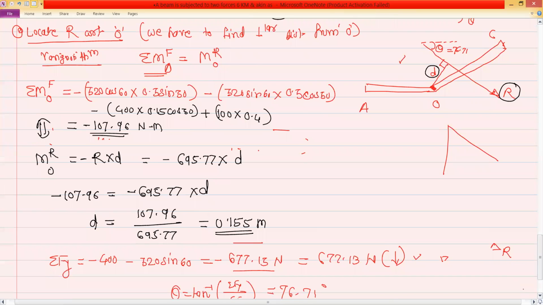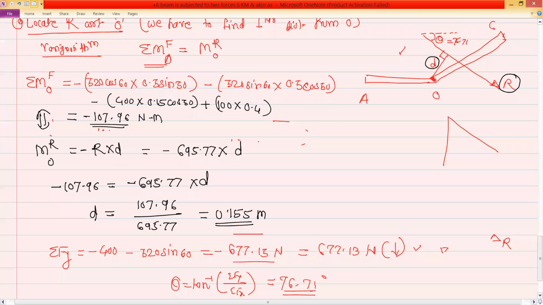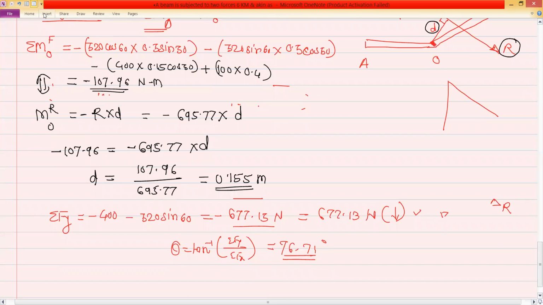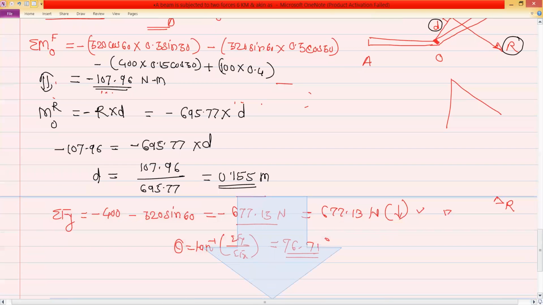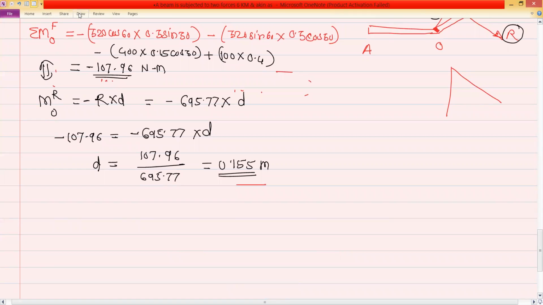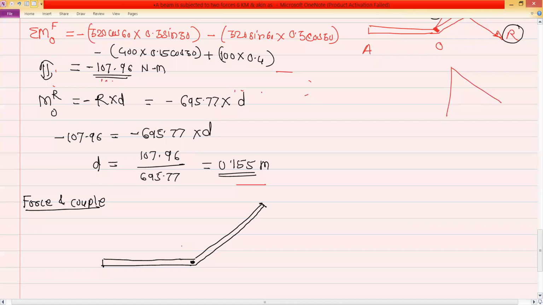Now we have to replace that system by a force and couple system. So what is a force and couple system? This is the lever. Originally different forces and a couple were acting on this lever.